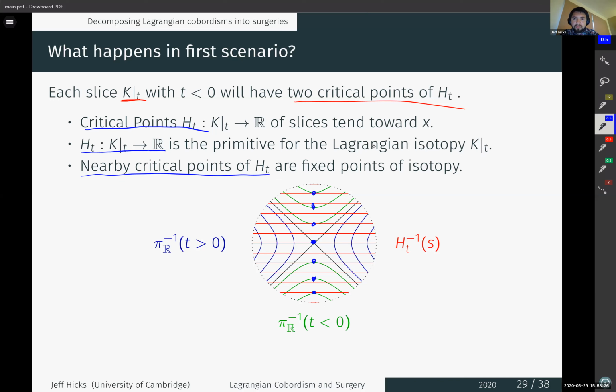So what you have is a sequence of points which are nearly fixed by the isotopy, and they are all tending to the same point over here. In particular, this means that in a neighborhood of here, there's a point which matches something in the neighborhood of there.